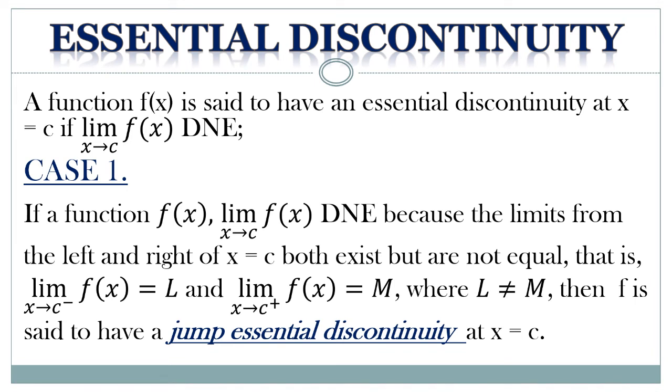That is, the limit of f of x as x approaches c from the left is equal to L, and the limit as x approaches c from the right is equal to M, where M and L are not equal. Then f is said to have a jump essential discontinuity at x equal to c.